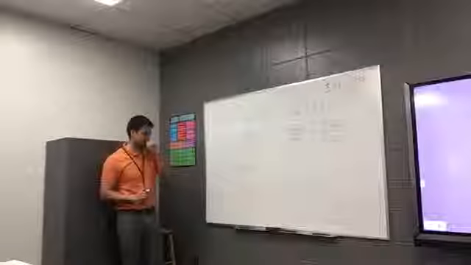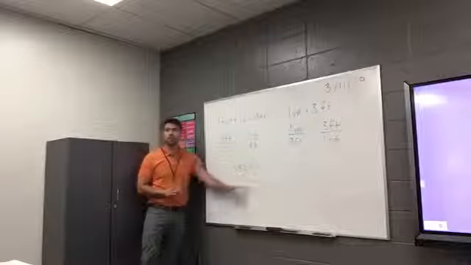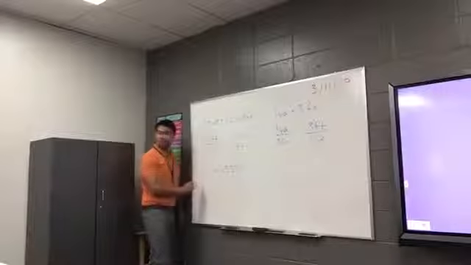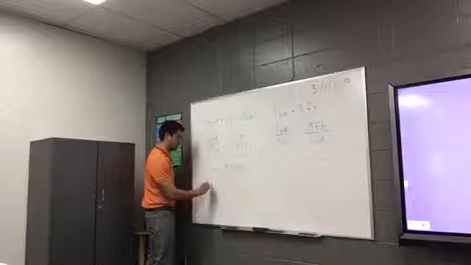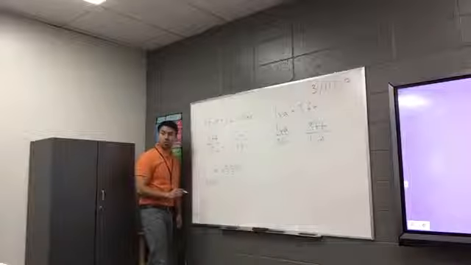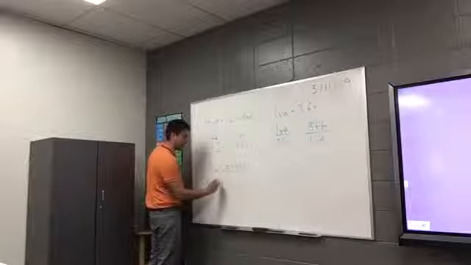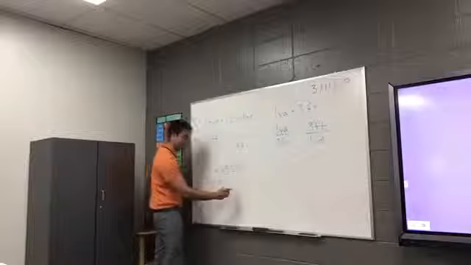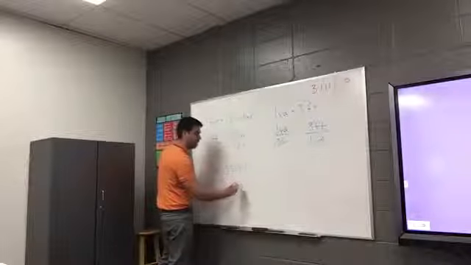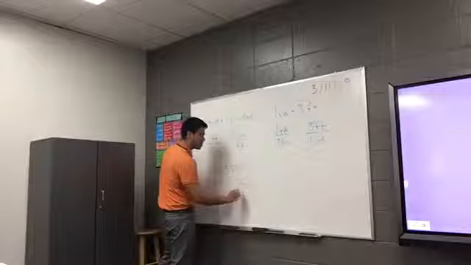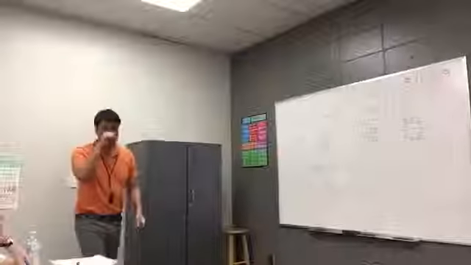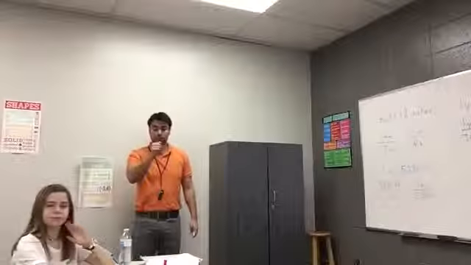So can anyone tell me what the 2 fractions would be here? 5,280 feet over 1 mile. That's right. And what's the other one? 1 mile over 5,280 feet. Those are the 2 fractions you get. And what are all those fractions on this board equal to? 1.